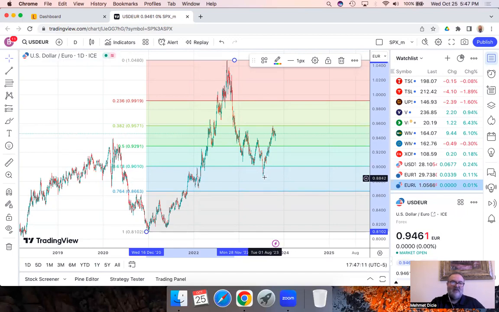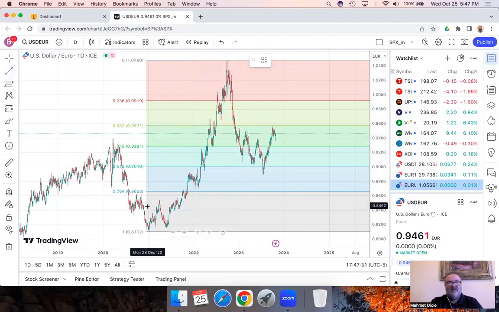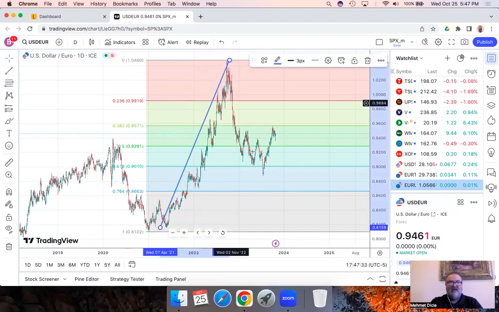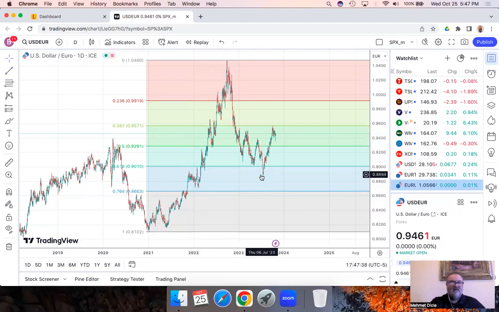We broke it for a couple of days, but it looks like the response of the markets was strong, and it actually snapped us back to the 0.95 level. So I would say that a reversal of this trend by breaking the 61% is quite possible. It's just that the market reaction when we reached that 61% was decisive.